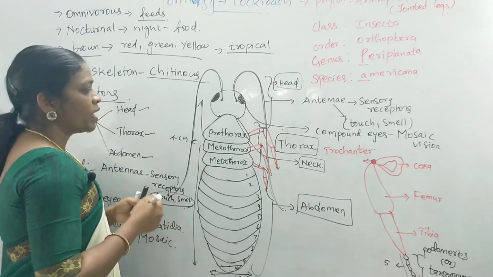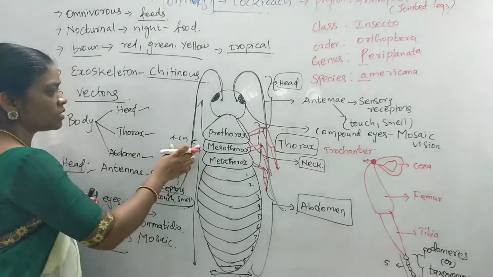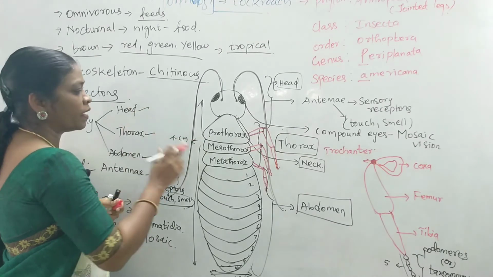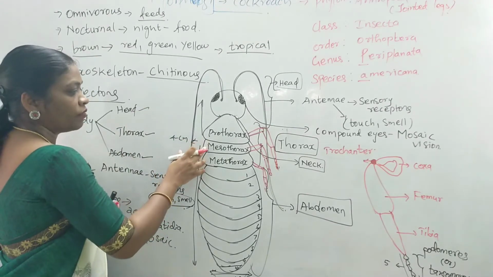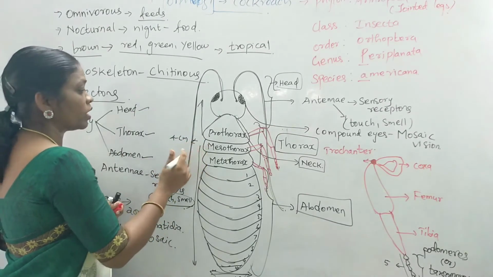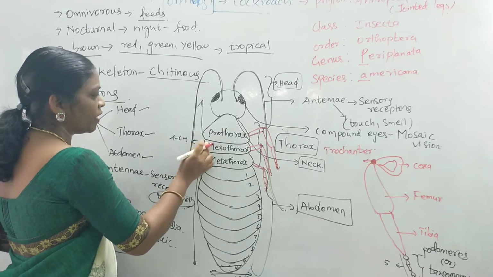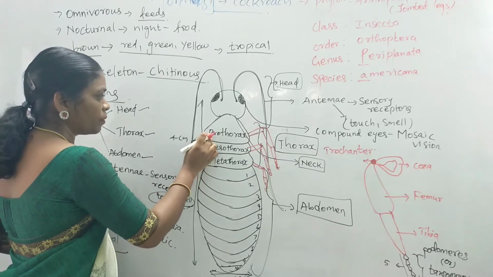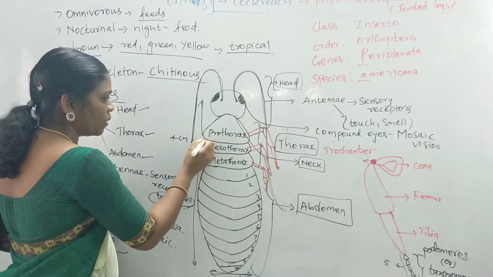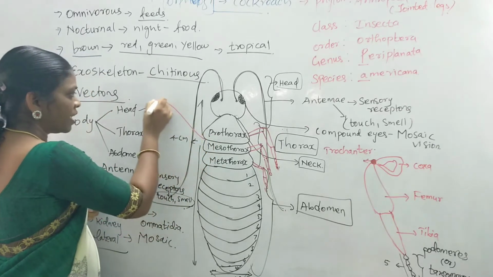The wings present in these organisms start from the thorax region. The first pair of wings arises from the mesothorax region, from the segment between pro and meso.